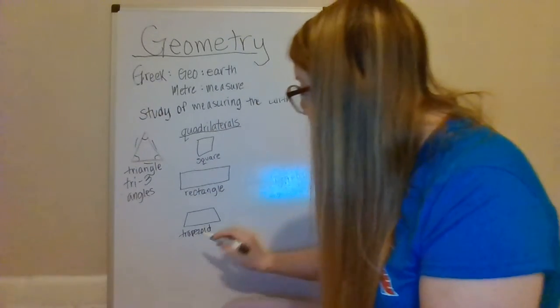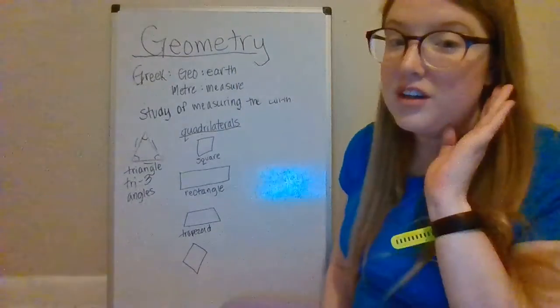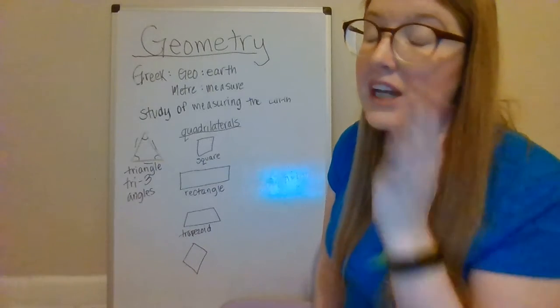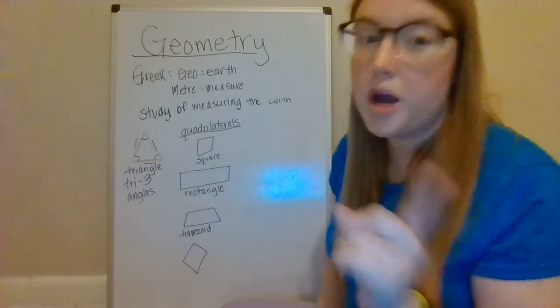And then you could also have, what's that called? It is a diamond, but it has another name. It starts with an R. Rhombus.